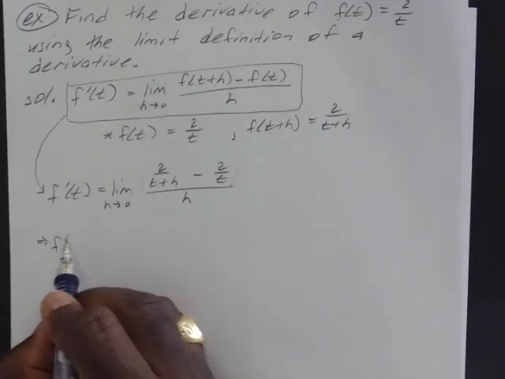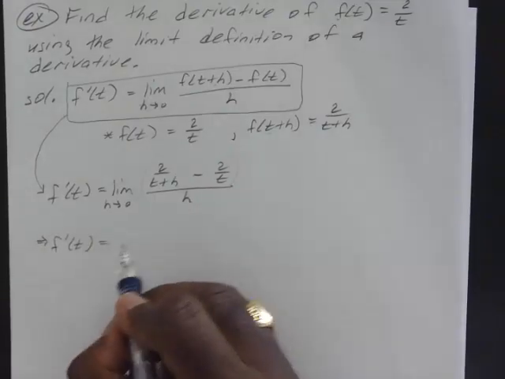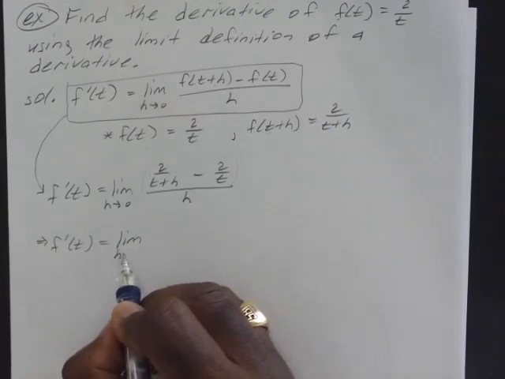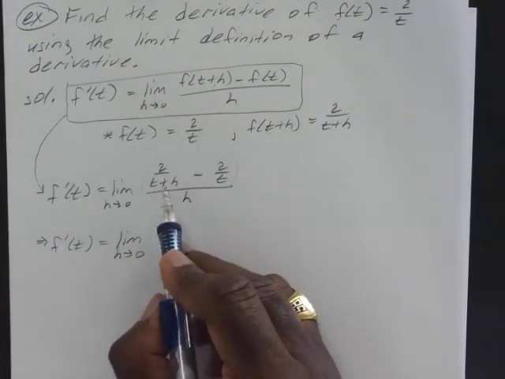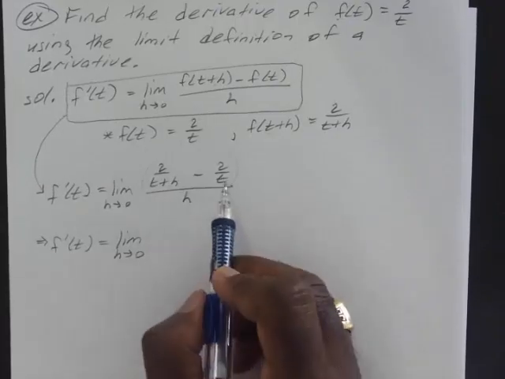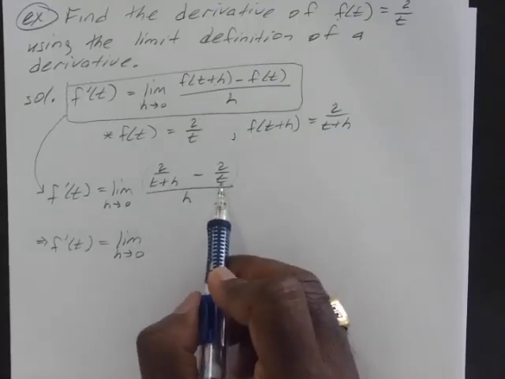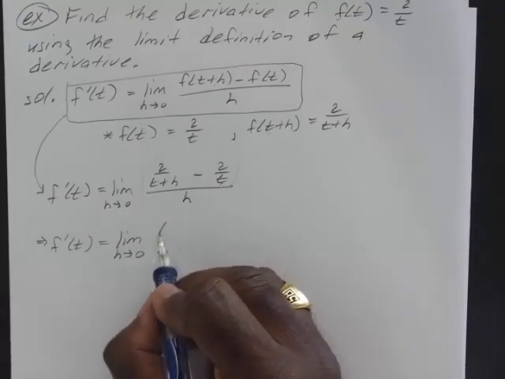So to do that, we just have the limit as h approaches 0. 2 divided by t plus h, we're going to multiply that by t over t, since that's the opposite denominator.